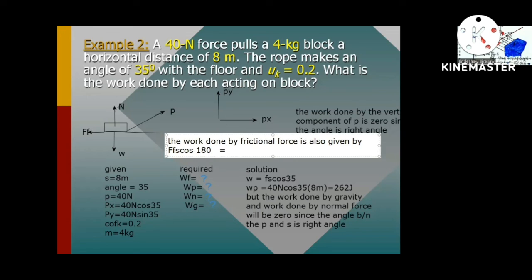So this is mu mg times the displacement s, where mu is the coefficient of kinetic friction.